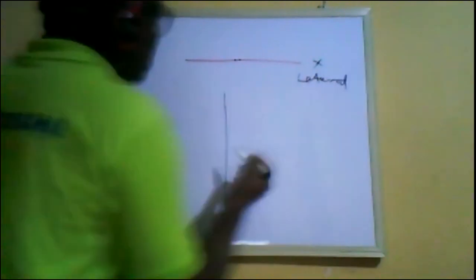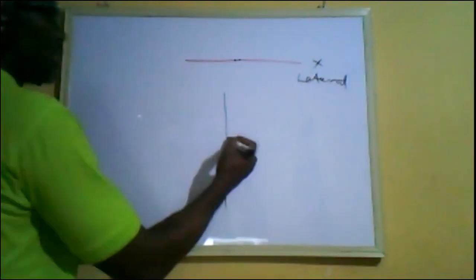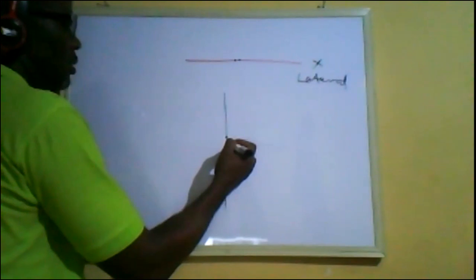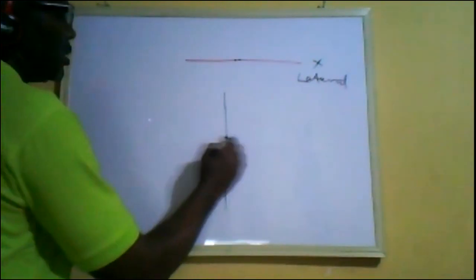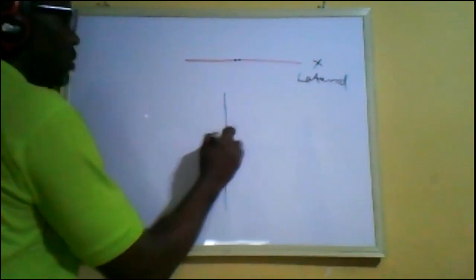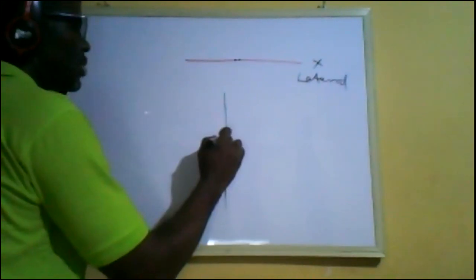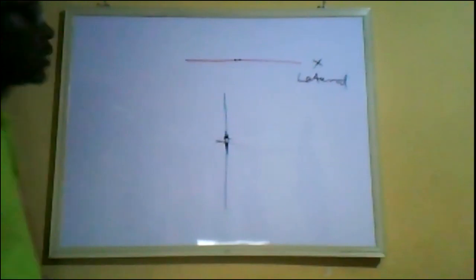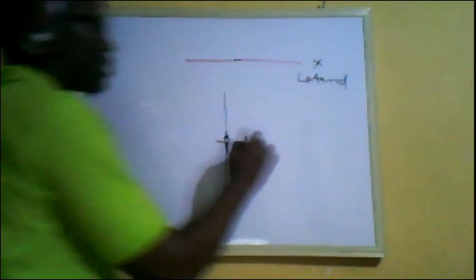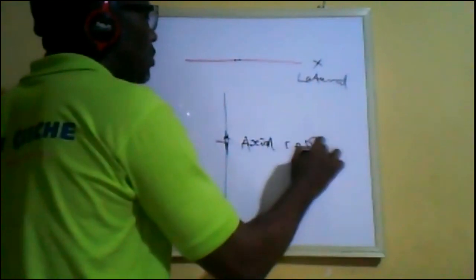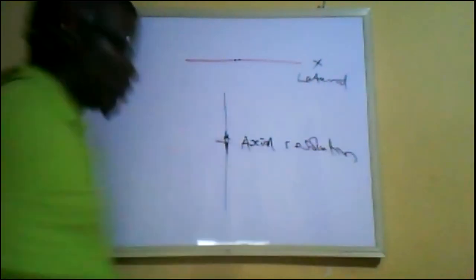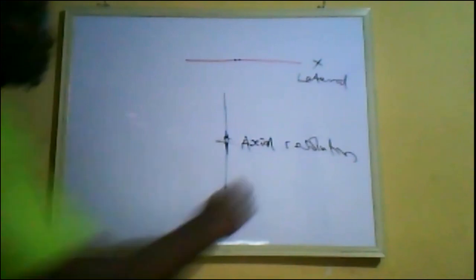And for the axial resolution, if the two objects are in the imaging plane and the machine can depict them as two separate structures, then that machine has a wonderful axial resolution, the y plane.